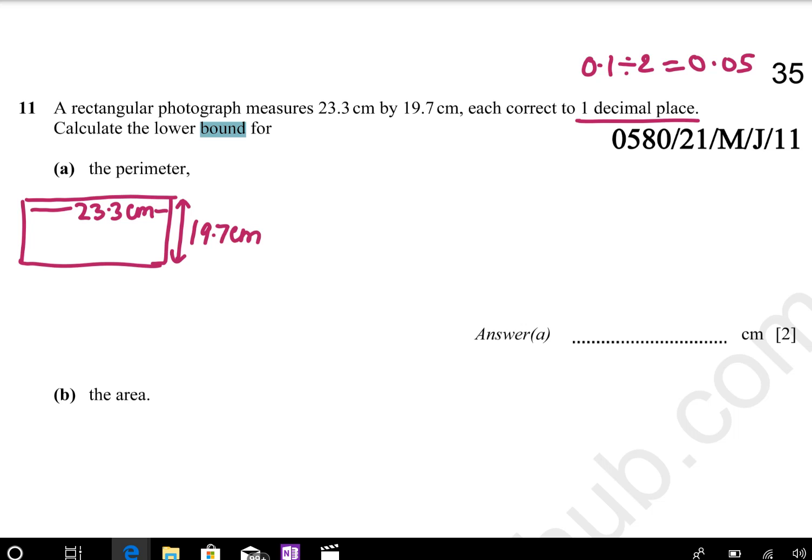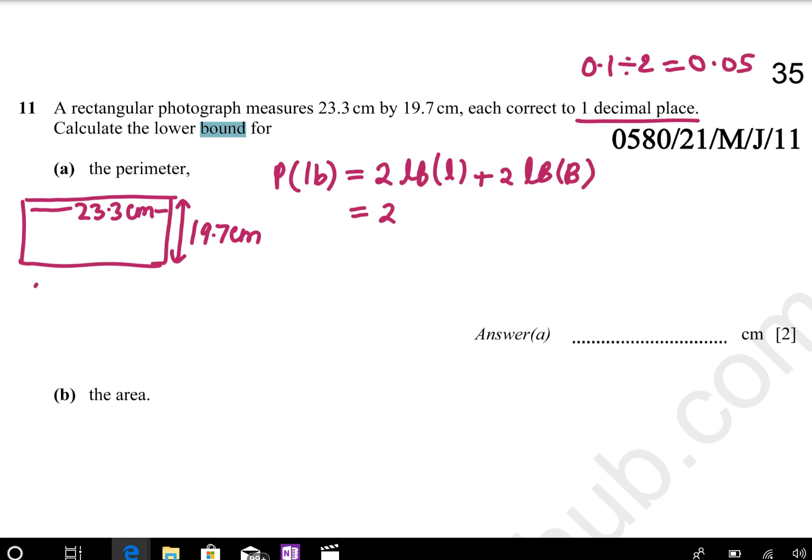Now find the perimeter. Now you know perimeter is what? Perimeter is length plus breadth plus breadth. So perimeter, and we want to find the lower bound. So perimeter is 2 into lower bound of length plus 2 into lower bound of breadth, which is equal to 2 into lower bound of length.